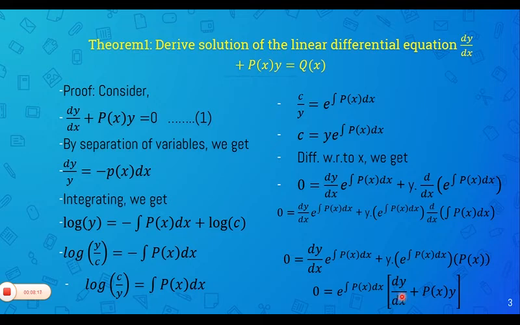Keep in mind this bracketed quantity is nothing but the left hand side of the equation number 1. That means if you multiply by this factor, e to the power integration p dx, this right hand side is a perfect derivative of y into e to the power p dx.